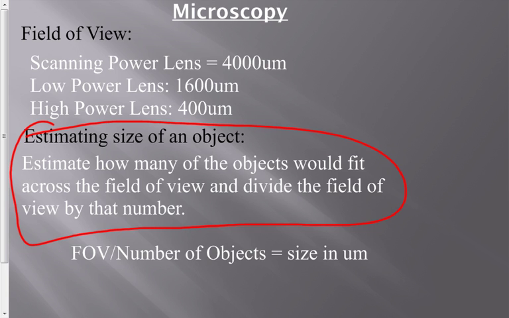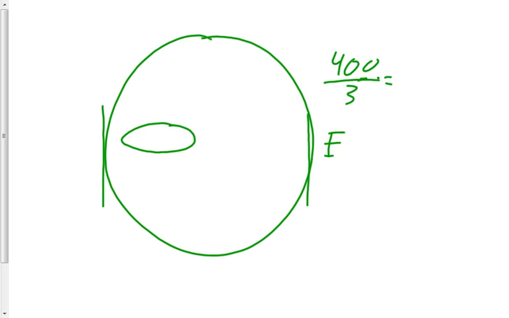Now, what if I'm looking at this thing, but it's oriented this way? Does my estimate change? No. The convention is this: we always measure the longest dimension of the object.